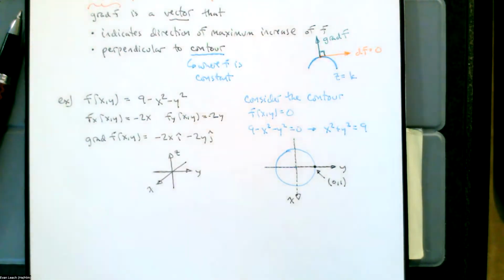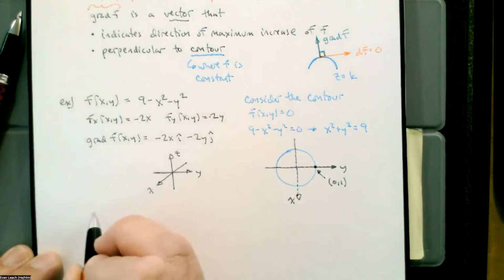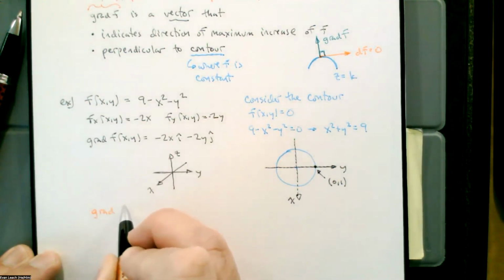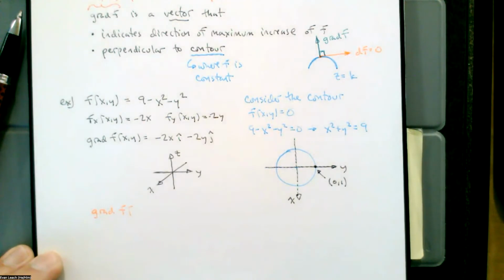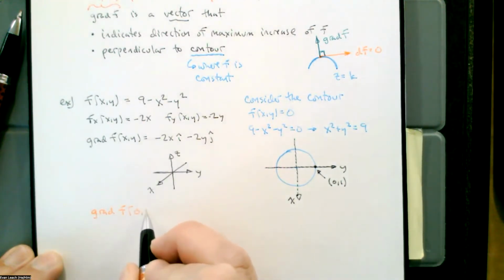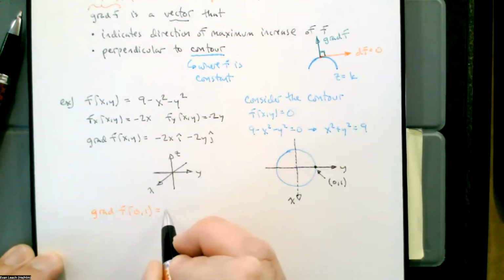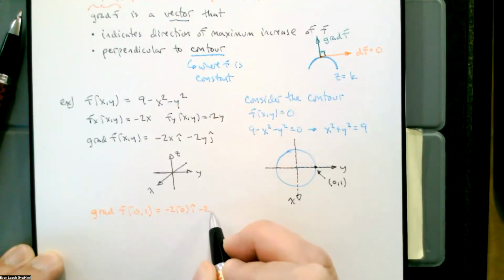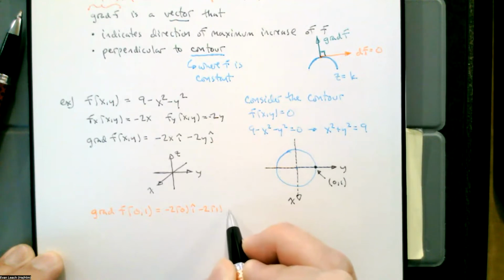If I calculate the gradient of f at the point 0, 1, I get minus 2 times 0 i minus 2 times 1 j.